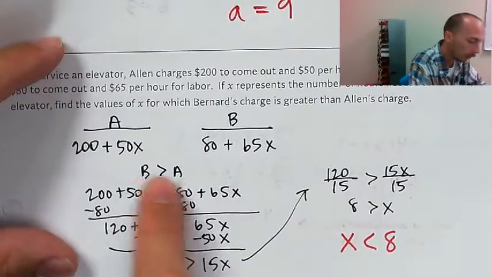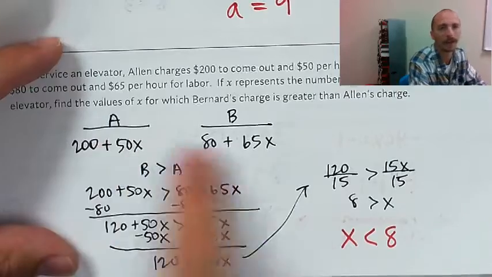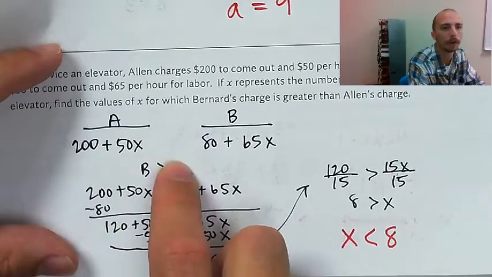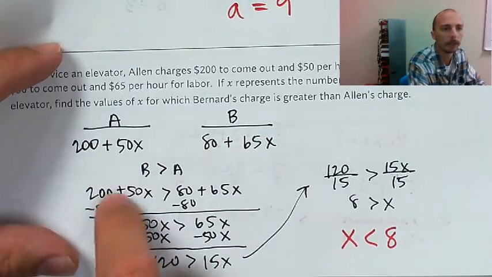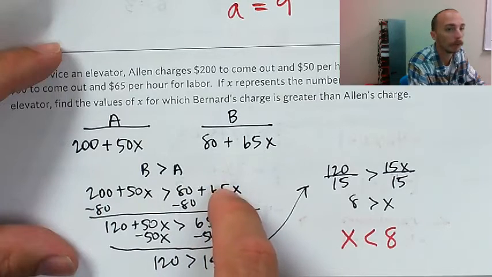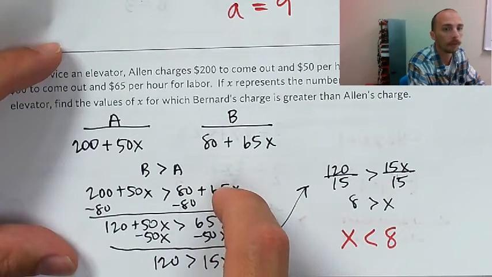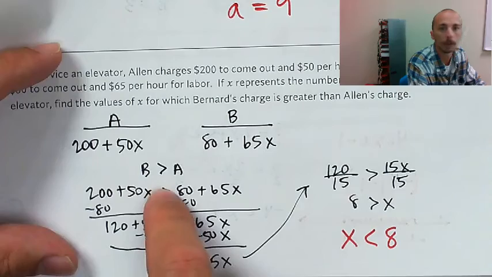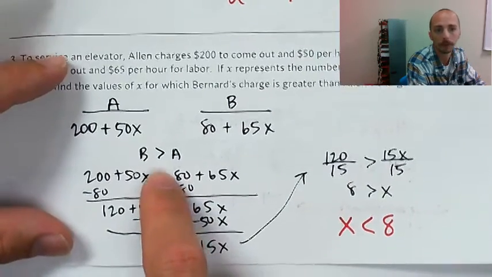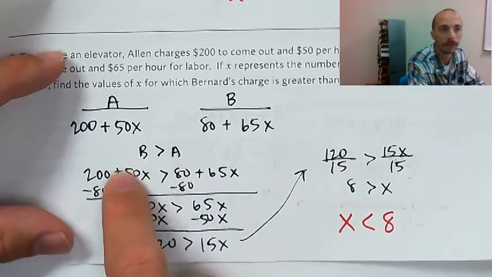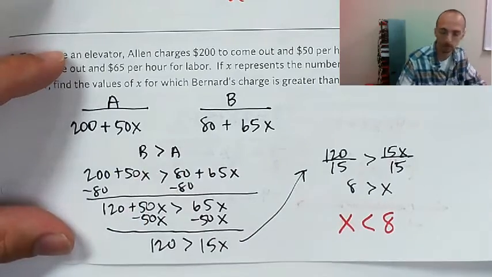Going back to that problem on Form A, right? It says Bernard is greater than Alan, but I copied it down wrong, right? B needs to be over here, and A would need to be over here. The rest of the solving wouldn't be any different, so I know it's just going to reverse the direction of the inequality. That was really what I messed up, because this is Alan, and that's Bernard, and it just needs to be less.